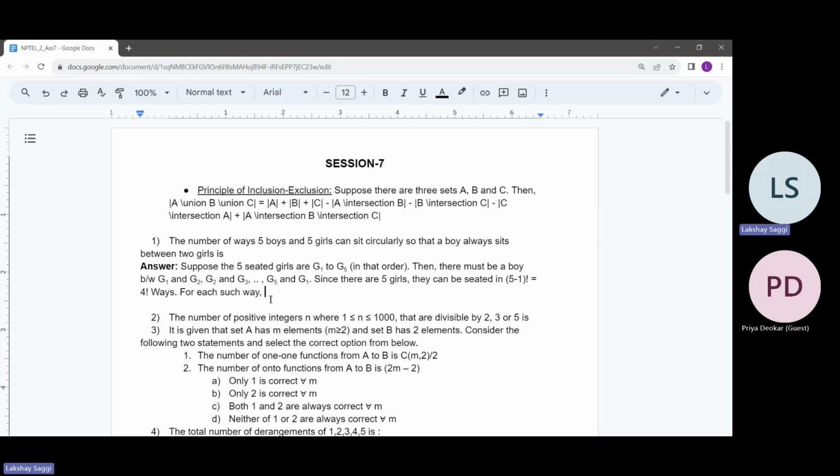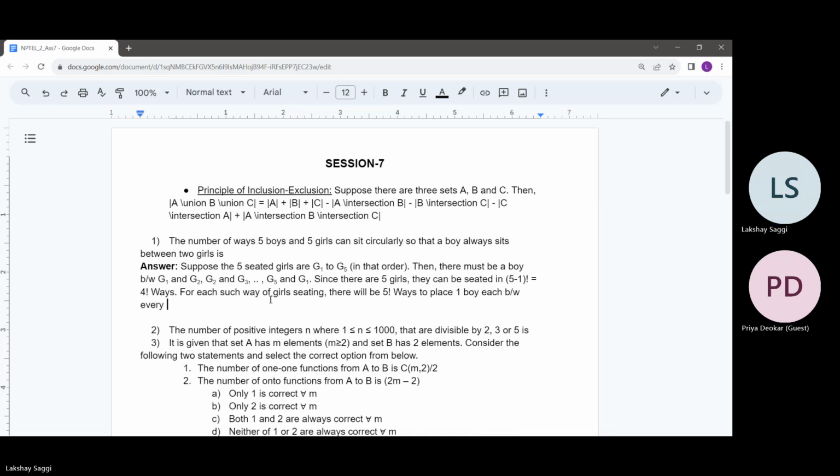So basically, for each such way of girls seating, there will be 5 factorial ways to place one boy each between every pair of consecutive girls.